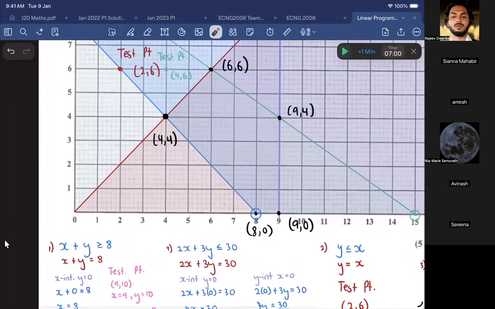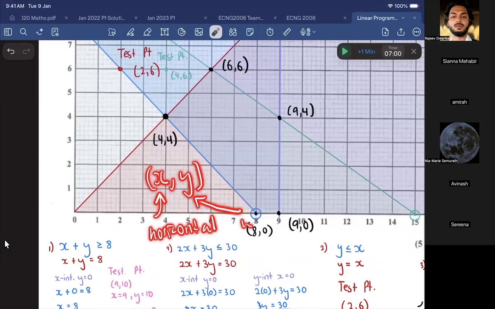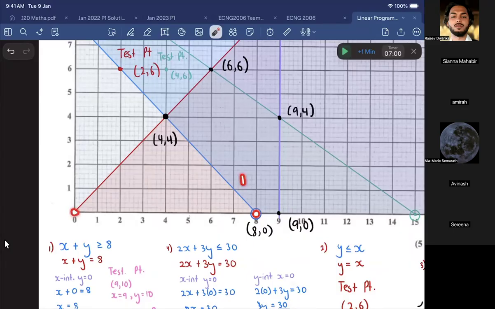Yes. All right. So I want you to think of X as moving horizontally. When I say horizontal, I mean left or right. And Y is vertical. When I say vertical, that means up and down. So if we wanted to reach this point over here, starting from the origin, how would you reach that point?